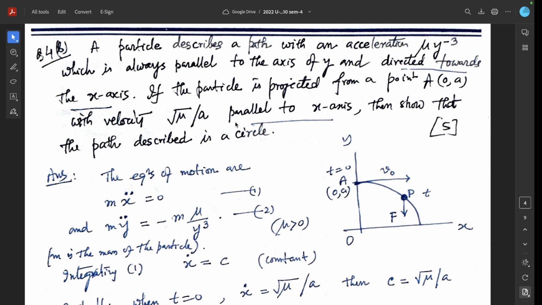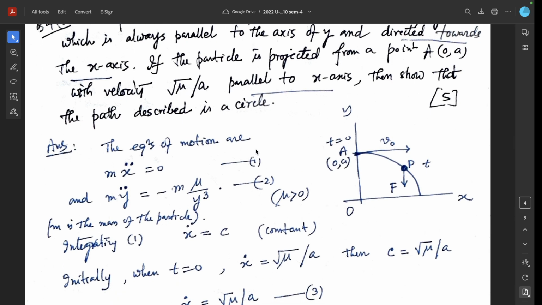So this is the direction. And the particle is projected from this point A, parallel to the x-axis. So this initial velocity is v0, say at time t equal to 0. Then the path of this particle is this. At time t, this is the position P of the particle.